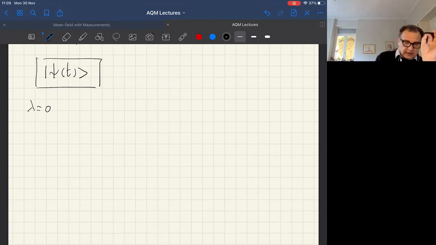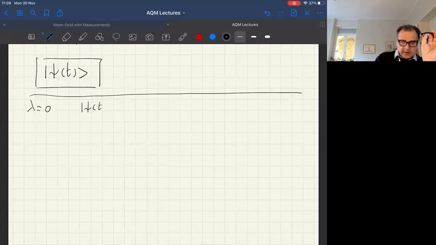This is something I wrote last time, but it's good to recap. I just remind you, the problem is the following. I have an initial value psi at time t equals 0. For simplicity, we just take the initial time t equals 0, and I want to determine the evolution psi of t. The easiest way to write down the time evolution is the following.